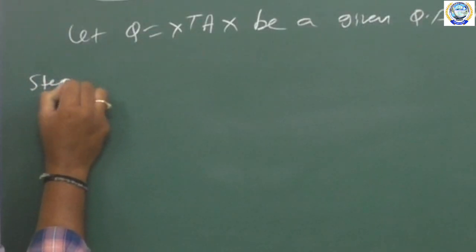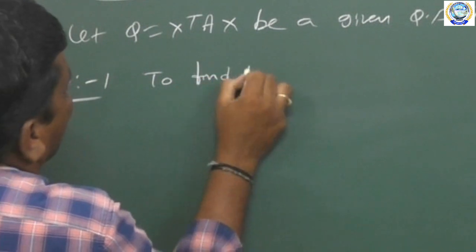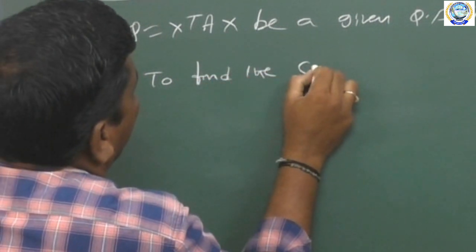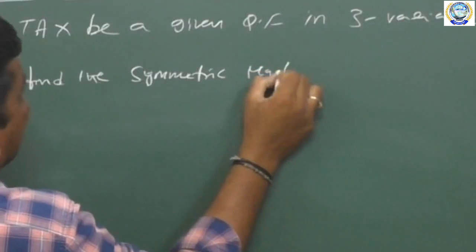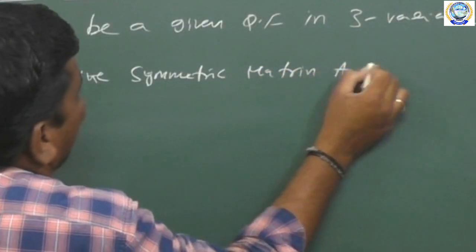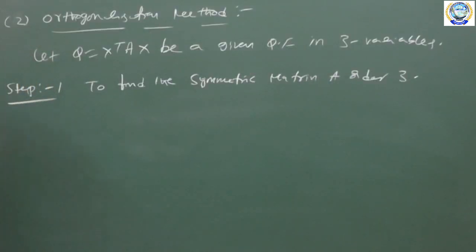First, step 1: to find the symmetric matrix capital A of order 3.